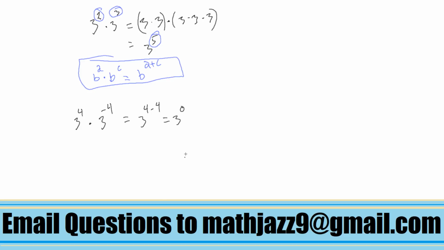3 to the 0, anything to the 0 power is equal to 1. So any base raised to the 0 power is equal to 1. And the reasoning that we give for this is in my exponential video.